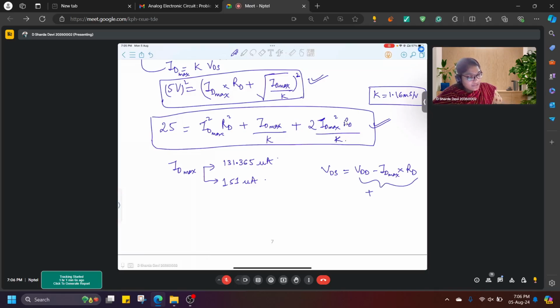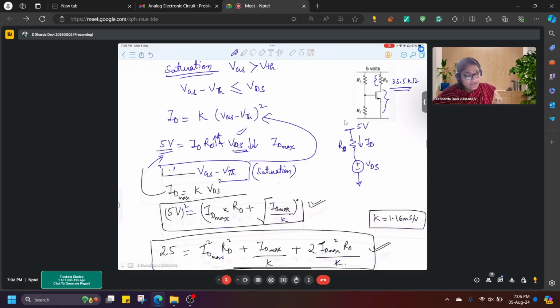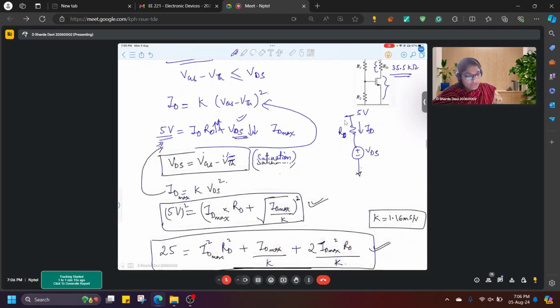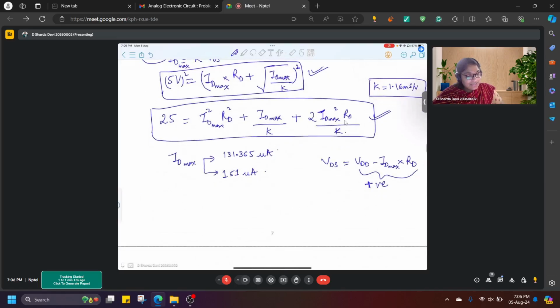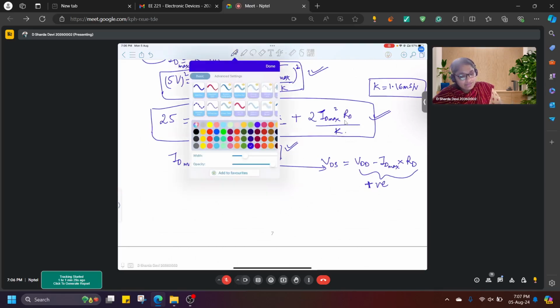This value should come positive, because VDS cannot be negative. So we check in which case we get positive VDS. It turns out that in this particular situation we get positive VDS, so this is the answer.